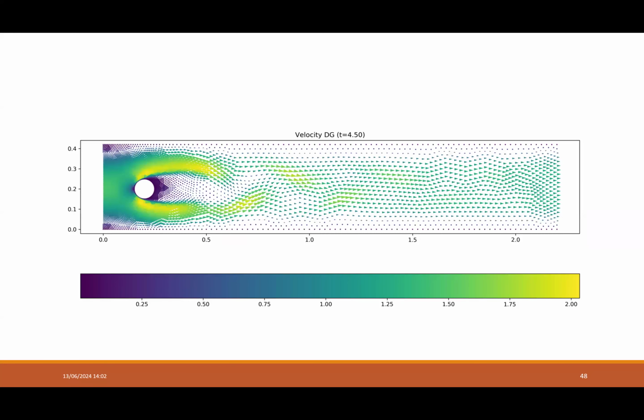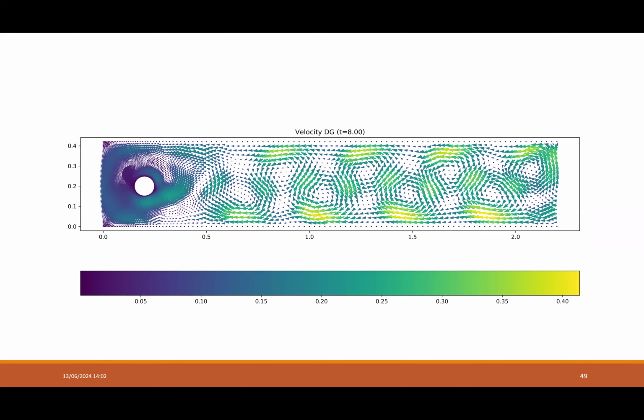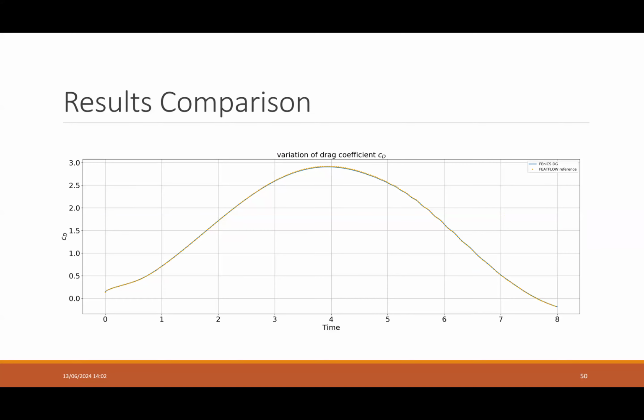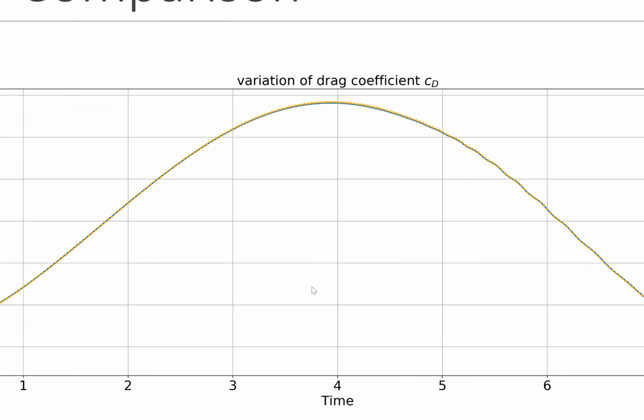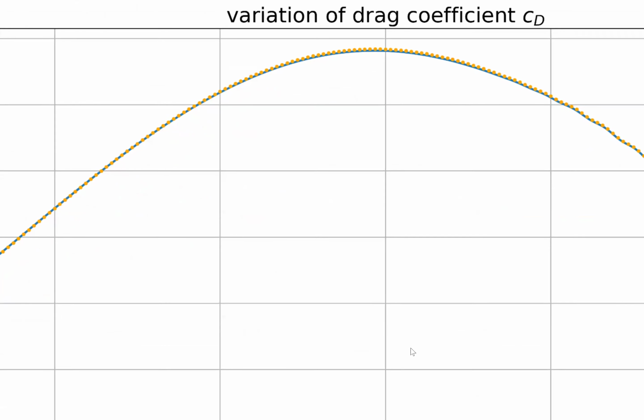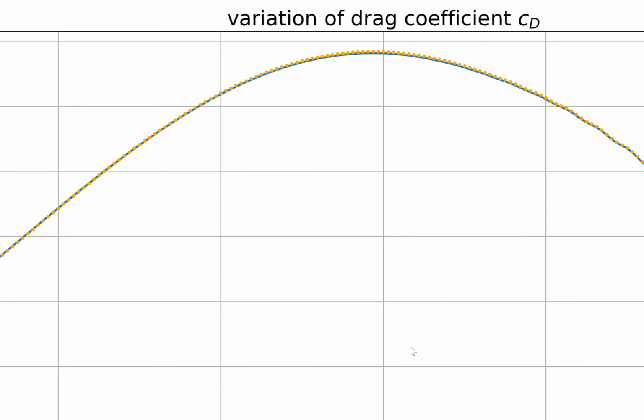Basically we have flow past a cylinder, and we would end up with a von Karman vortex street. But then how do the values compare? Pretty well, good agreement with the reference values.